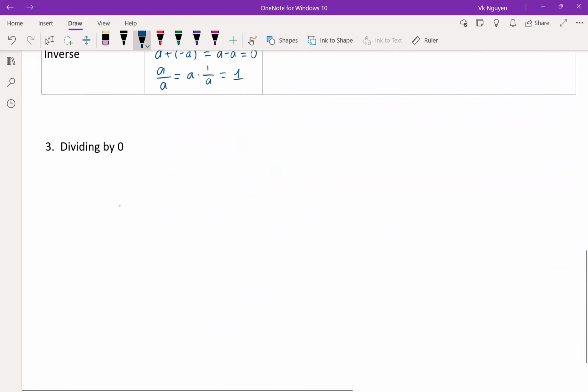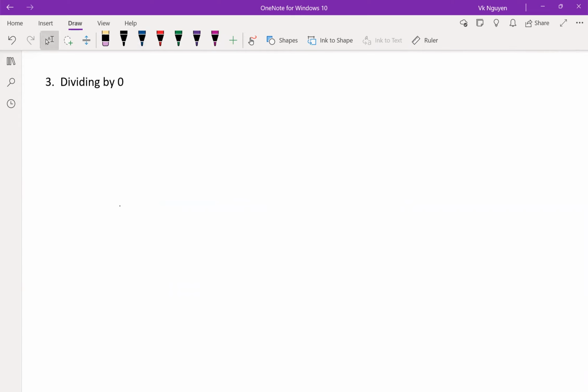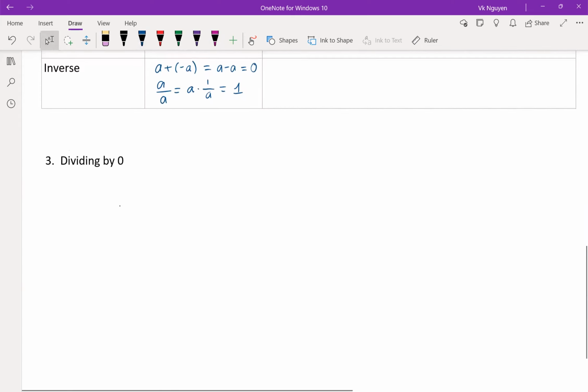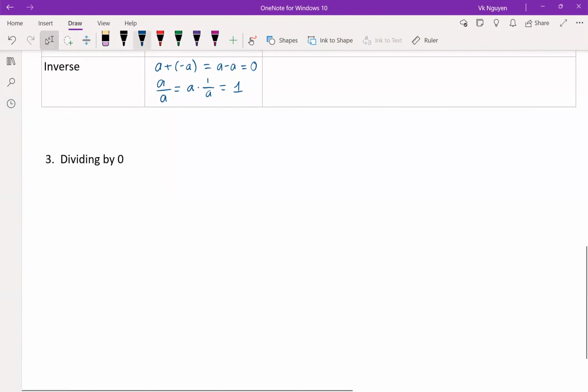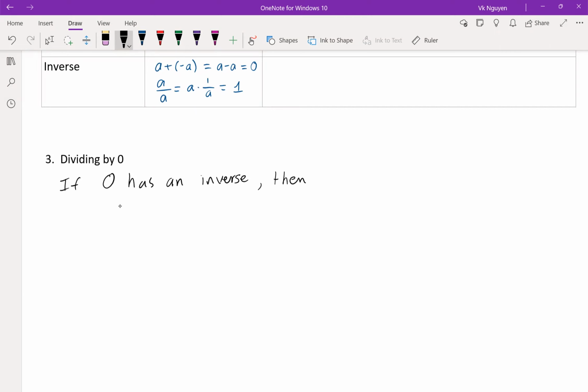Okay, let's take a look at dividing by 0. Notice that if you look at the inverse property here, when you divide by 0, you get something a little funny. Let's take a look. If 0 has a multiplicative inverse, then 0 multiplied by 1 over 0 is equal to 1 by the inverse property.